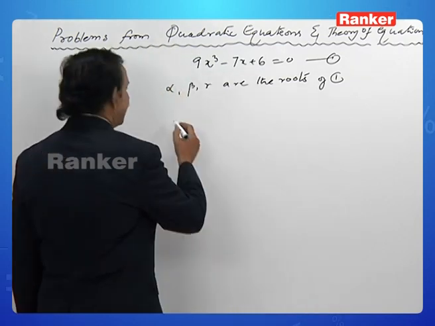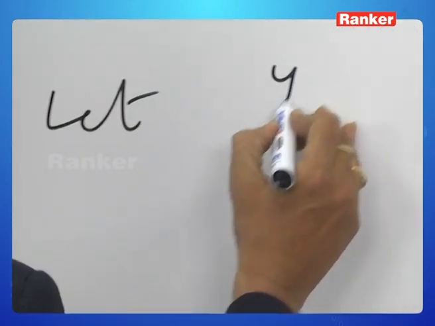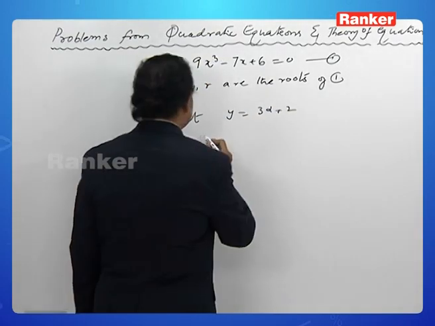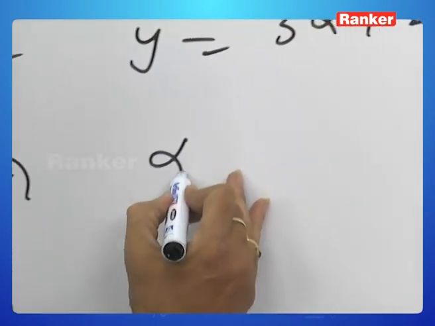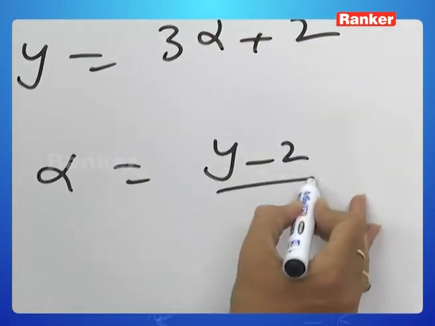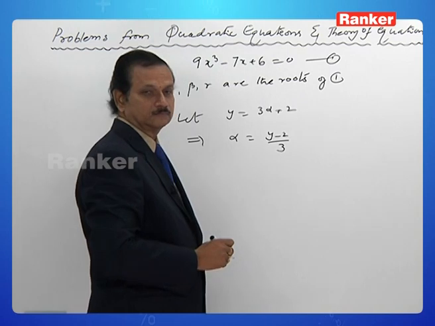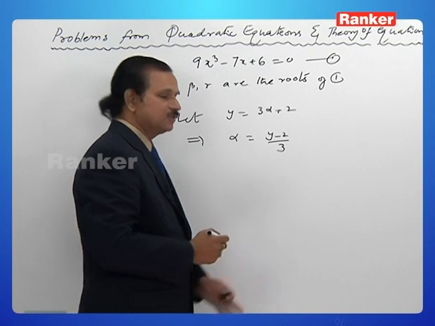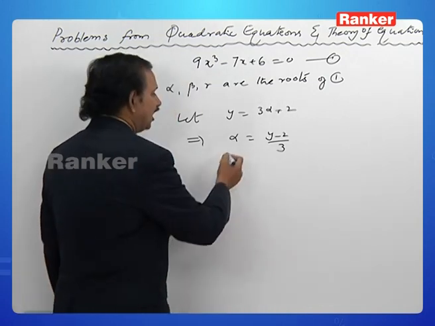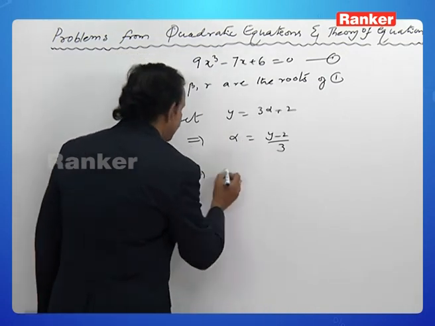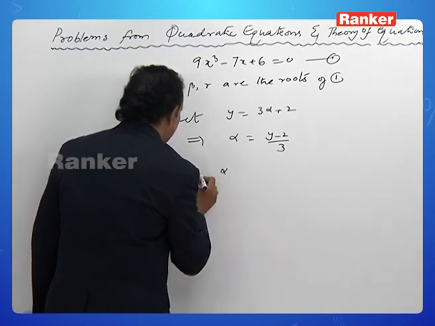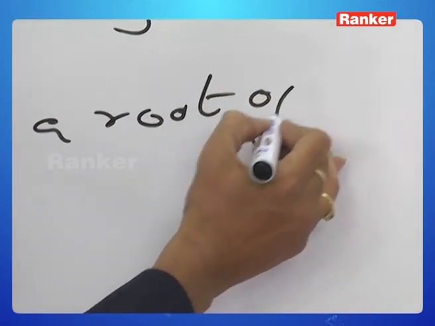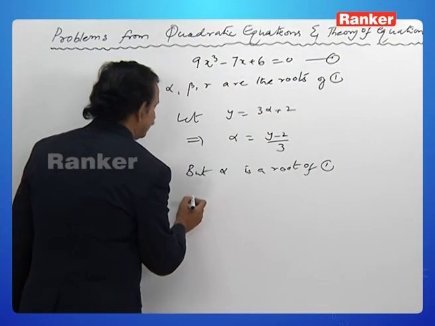Right. Let me write, let y is equal to 3 alpha plus 2. From this, alpha is equal to (y minus 2) by 3. Got it? Y is equal to 3 alpha plus 2, therefore alpha is equal to (y minus 2) by 3. But alpha is a root of 1, isn't it? But alpha is a root of the given equation. So what happens?